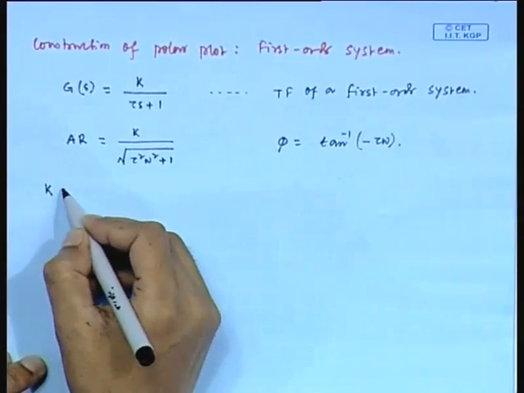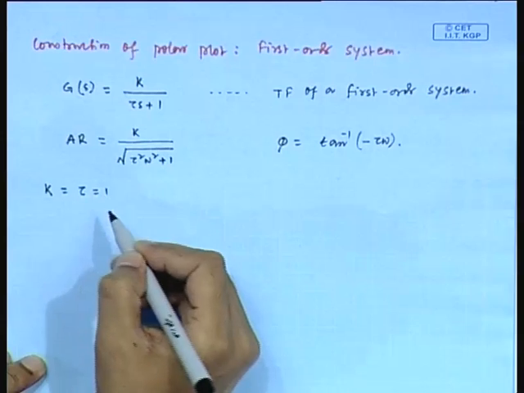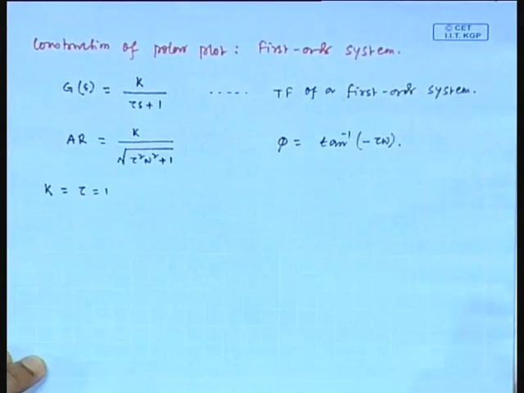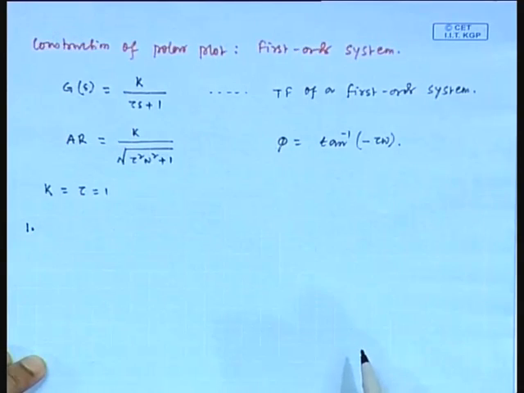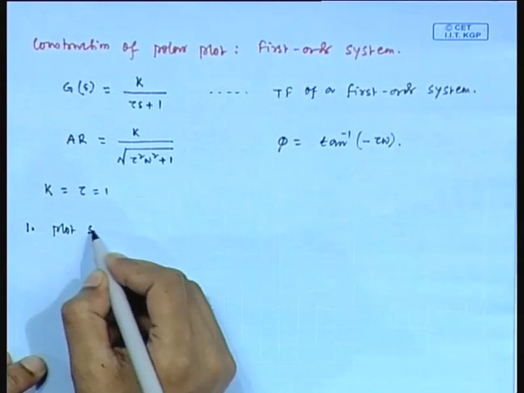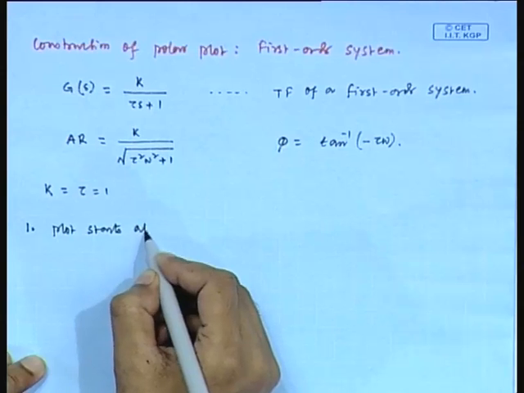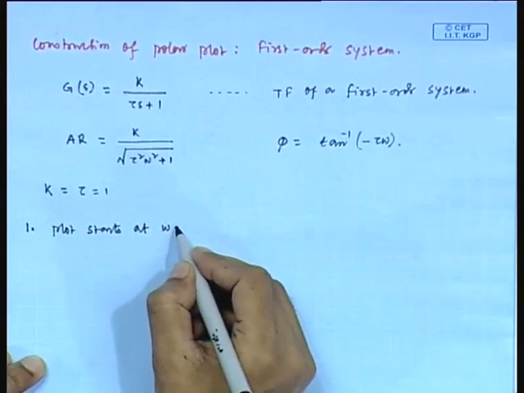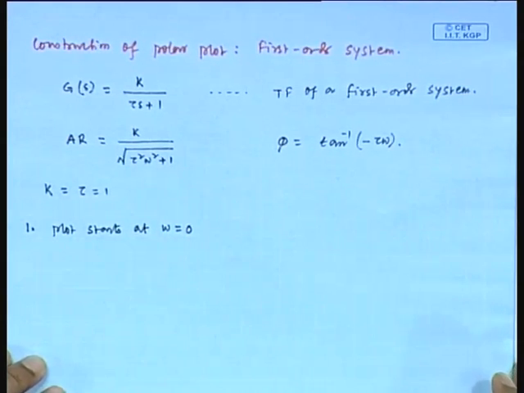We will consider both k and tau are equal to 1. Fine. Now, the polar plot starts at omega equal to 0.